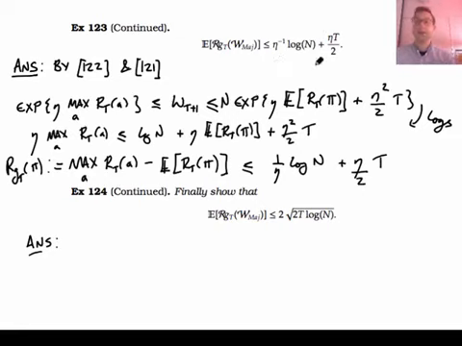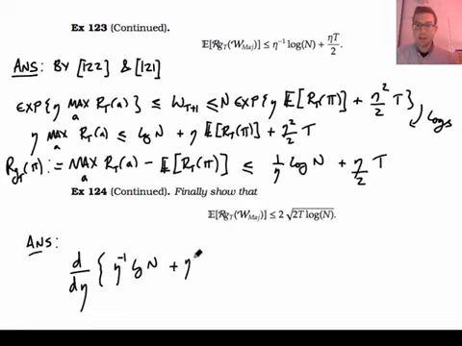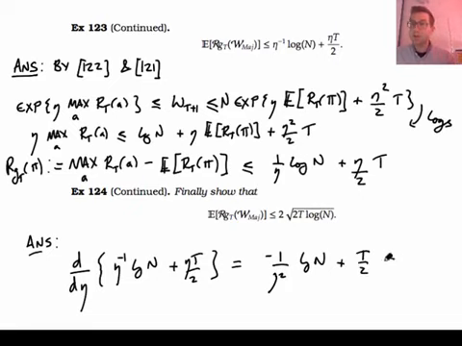So to minimize the upper bound, I differentiate, which gives me minus 1 over eta squared log n plus t divided by 2 equals 0.